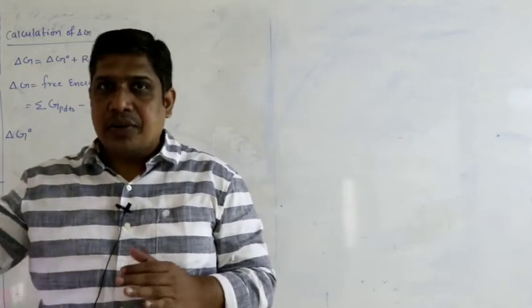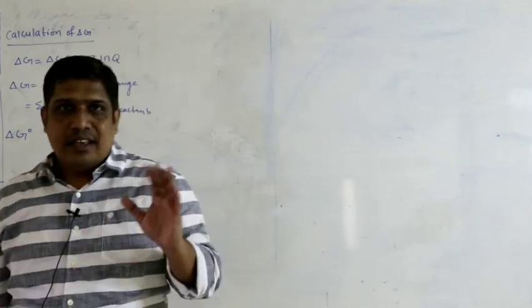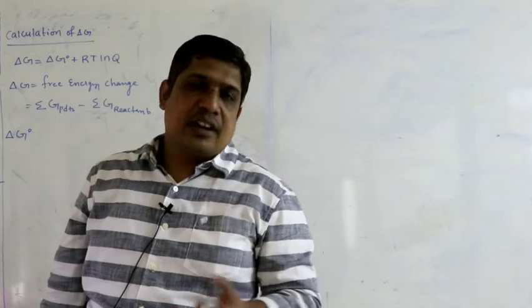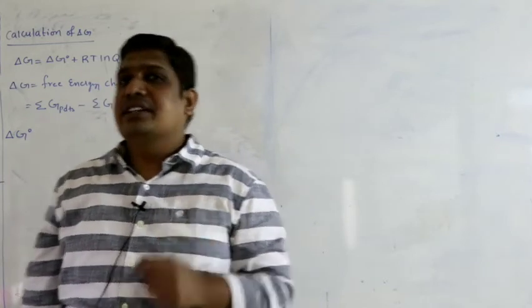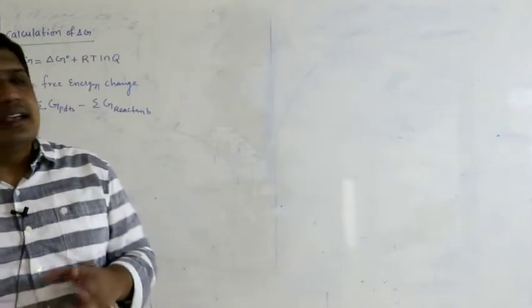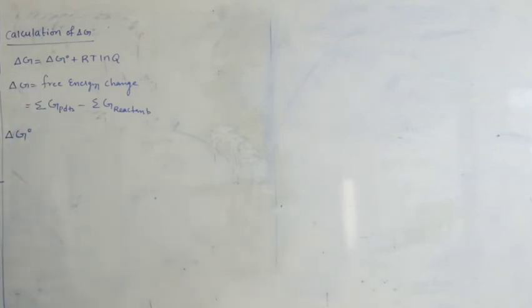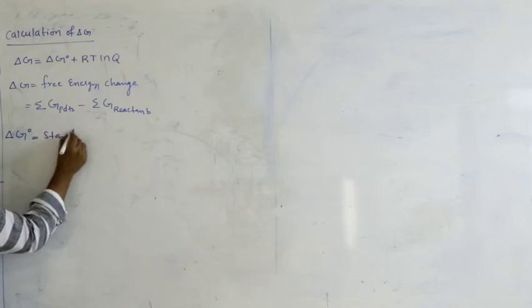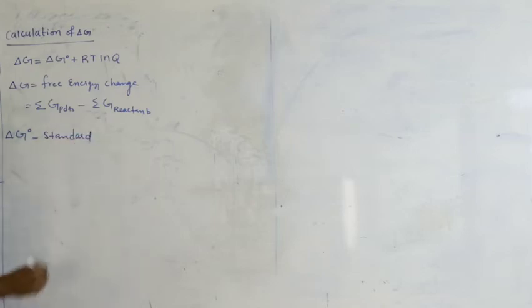In the gaseous state you have to take 0 degrees Celsius for gases. Here mainly you will come across solids, liquids, solutions. The standard temperature is taken as 25 degrees Celsius, not 0 degrees Celsius. So this is nothing but the standard Gibbs free energy change, which means you are maintaining standard conditions.